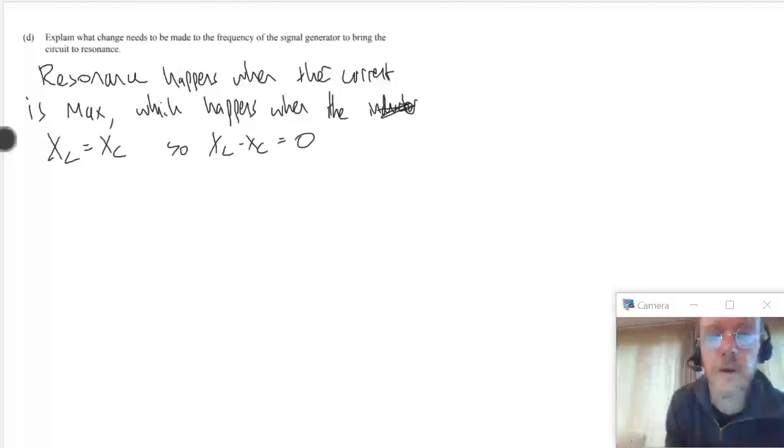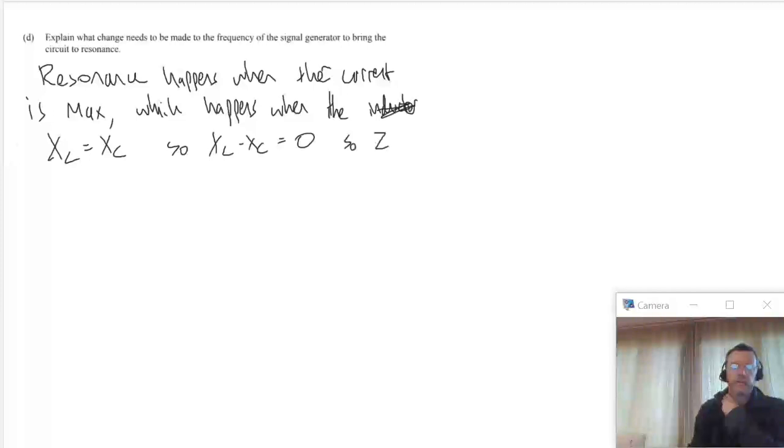That's the important thing, that ultimately we want, they cancel out, the two vectors adding up cancel out. And that will give us the situation where the impedance equals R. Okay, that's the key criteria.